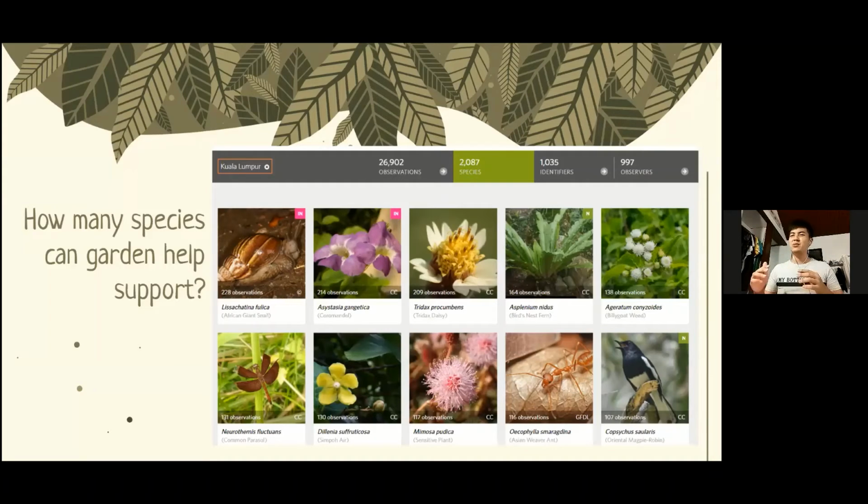It's quite an interesting data. There are 2,000 species that you can find in just an urban area, and a lot of people regard urban areas as a place that is not suitable for conservation activities to be done. But of course, Urban Biodiversity Initiative, which is the organization that organized this workshop, believes otherwise.